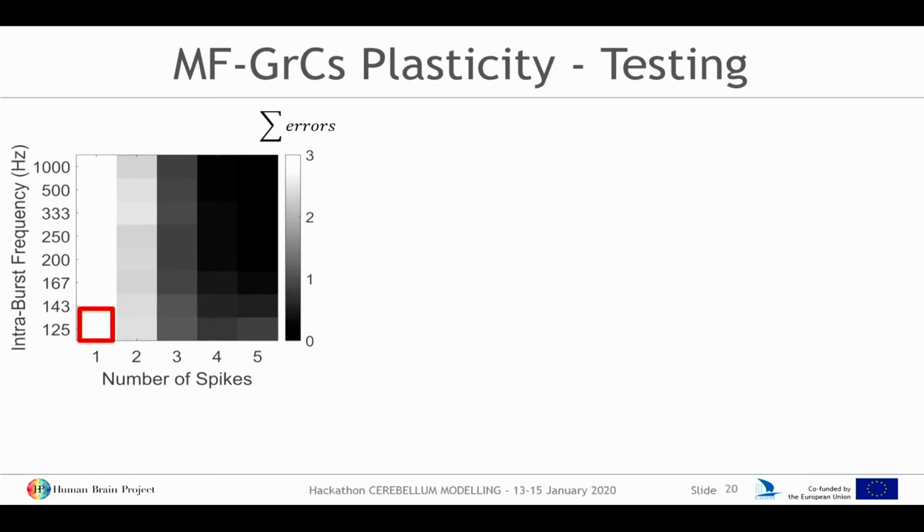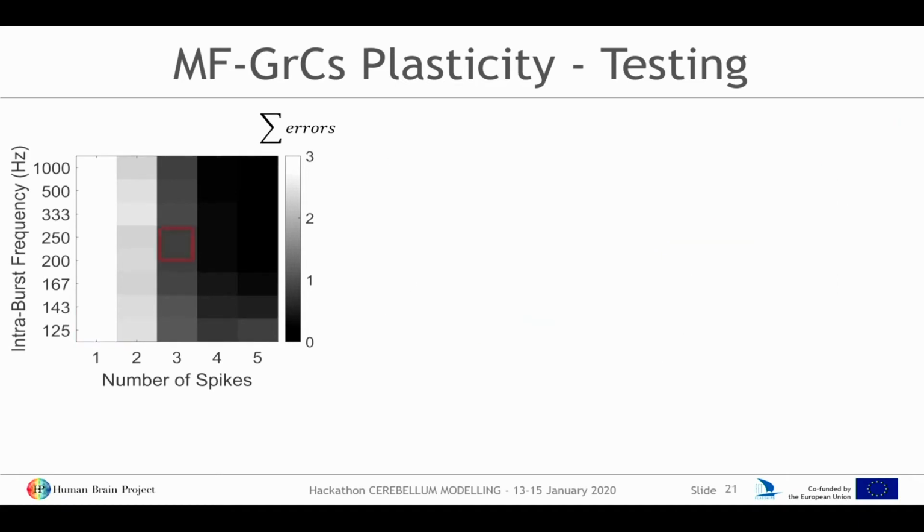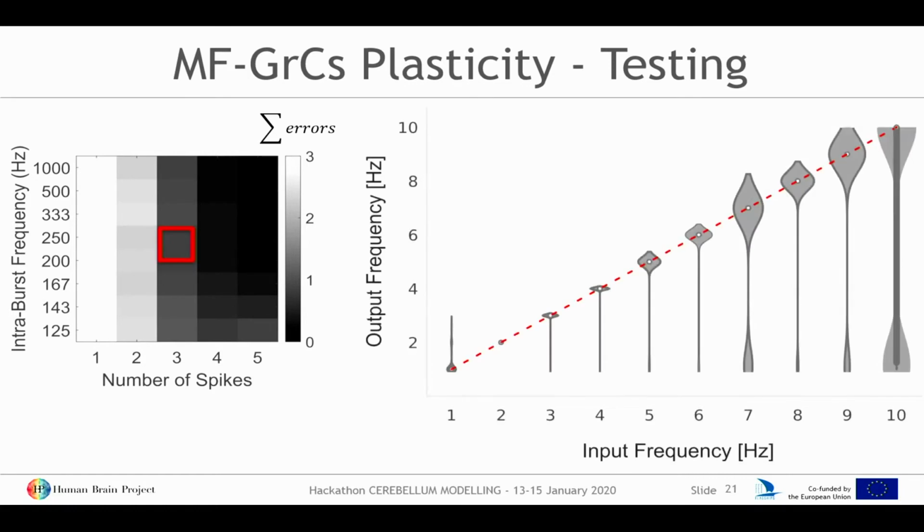If we use just one spike, so not even a burst, and very low frequencies, well, this is the same for all the first column, we obtain very bad performance, of course. In an intermediate situation, we obtain some correct values and some wrong ones.